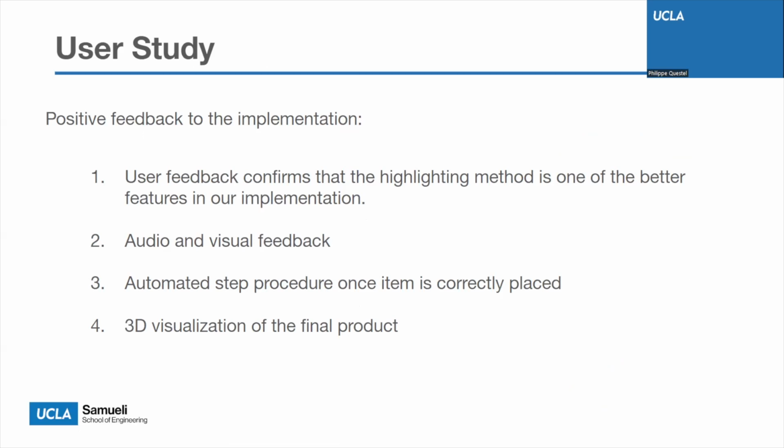Also, there was a lot of positive feedback on the audio and visual feedback from completing the steps, the automated step procedure once the item is correctly placed, and also having a 3D visualization of the final product as a means of understanding what the user is supposed to get to.